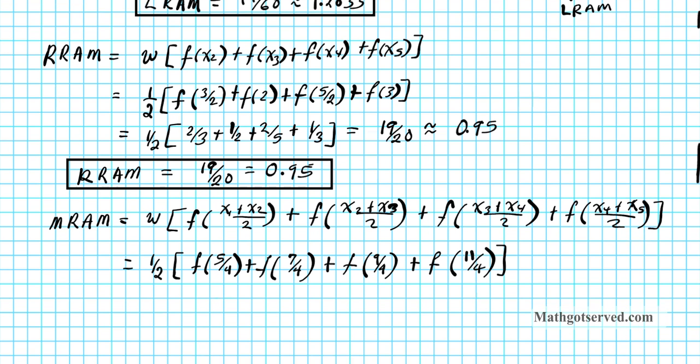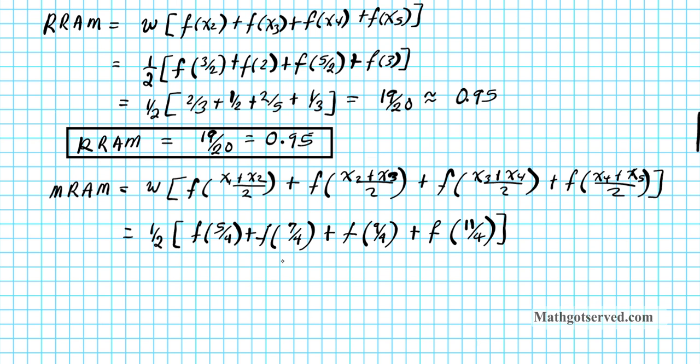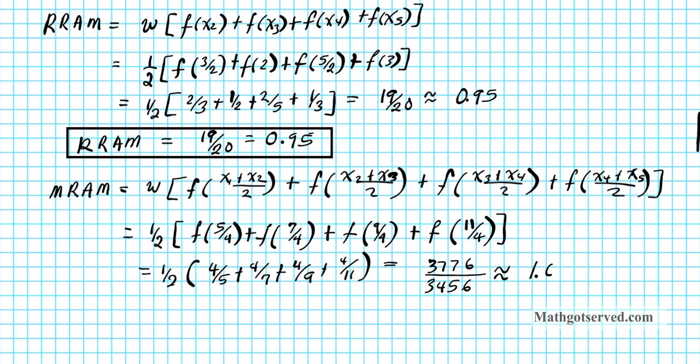All right. We know what this function does. It basically reciprocates, right? So we have 1/2 times 4/5 plus 4/7 plus 4/9 plus 4/11. Plug this in your calculator. You'll get 3,776 over 3,456, which is approximately 1.0926 to 4 decimal places.